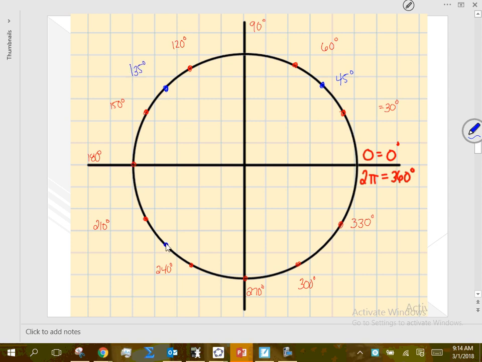Add 45 gets me to 225. Add 45 gets me to 270. Add another 45 gets me to 315 degrees. And then add 45 gets me to 360, right? Those are all the degree measurements that we're interested in.